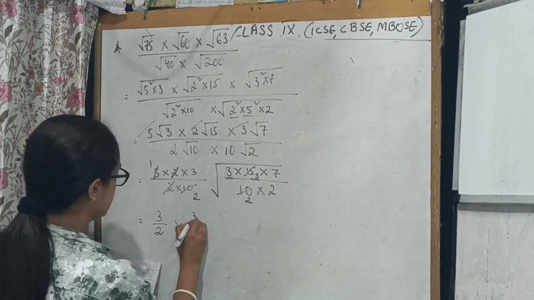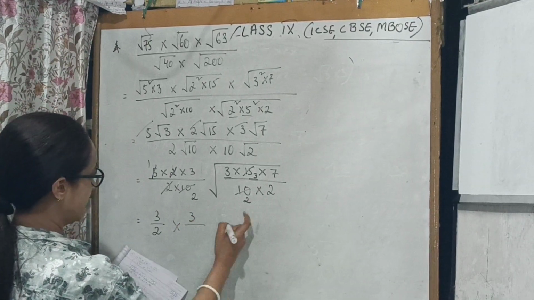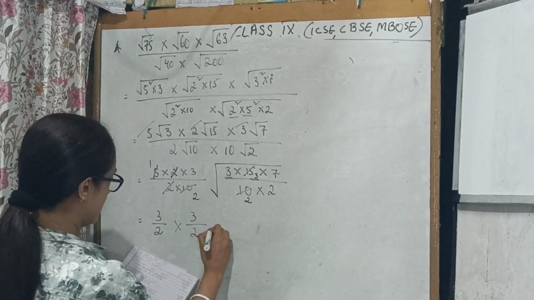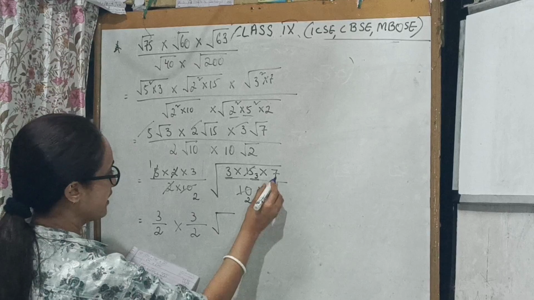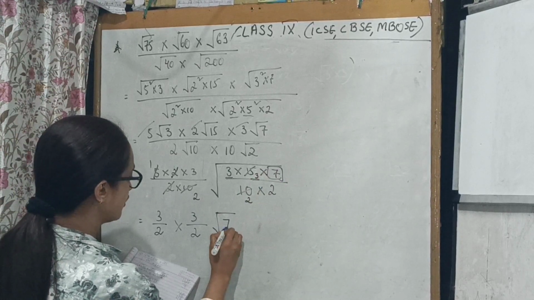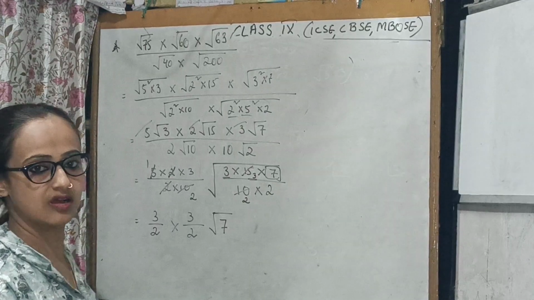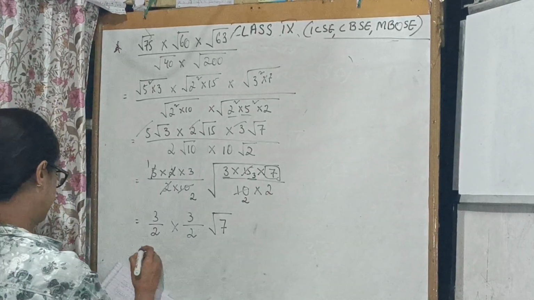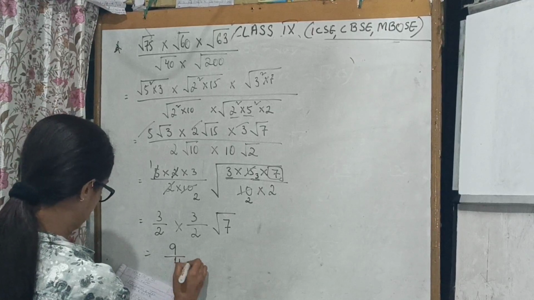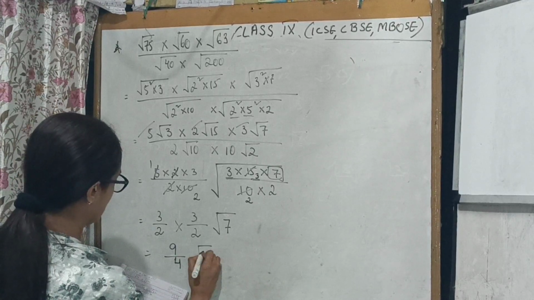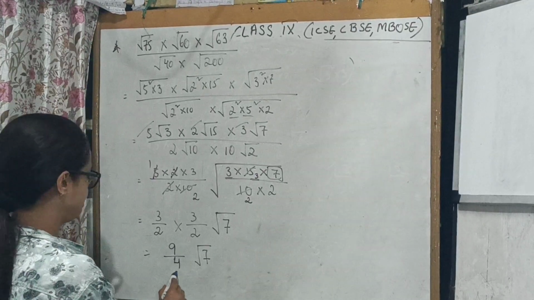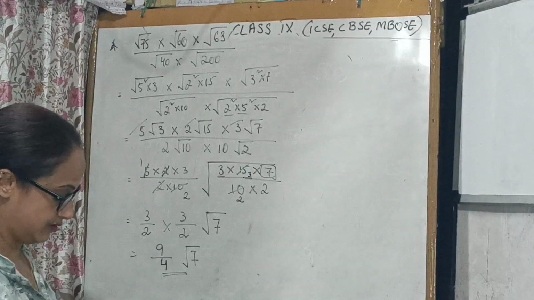So 3 बाहर, square and square, I mean 2 and 2 is a 2 square. So 2 बाहर. So you are left with बेचारा √7 got trapped inside the root. So this is 9/4 root over of 7. Okay.